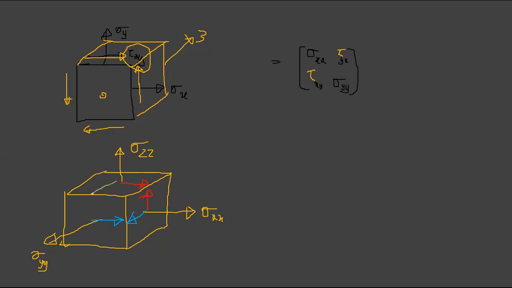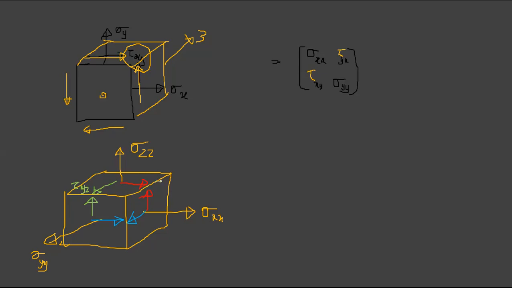I only drew the shear stresses and normal stresses which are visible on these three surfaces, right? The back three surfaces you can't see. So this is tau yz, and tau yz is equal to tau zy. That's why I wrote only one.